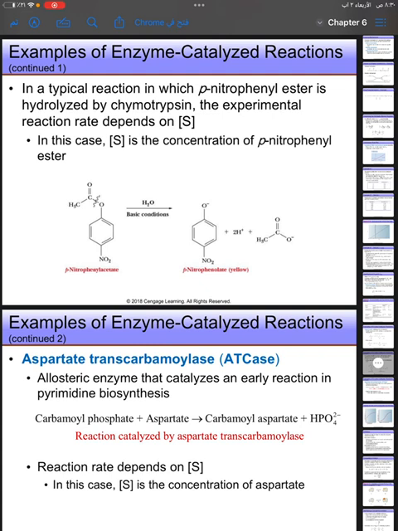We can measure the activity of that enzyme specifically. So this is how they measure Km and the value of velocity in the lab.